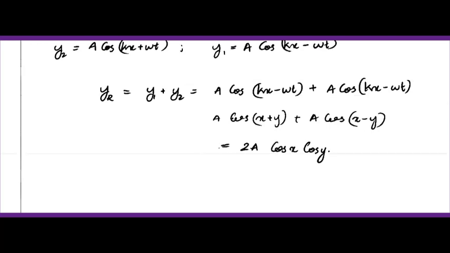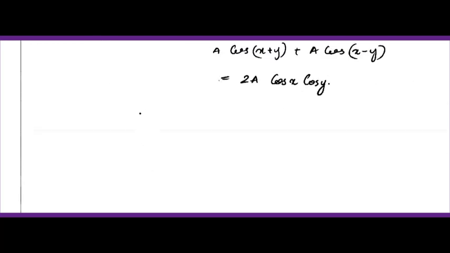And if we consider this equation, we will get the resultant yr as 2a cos kx cos omega t.